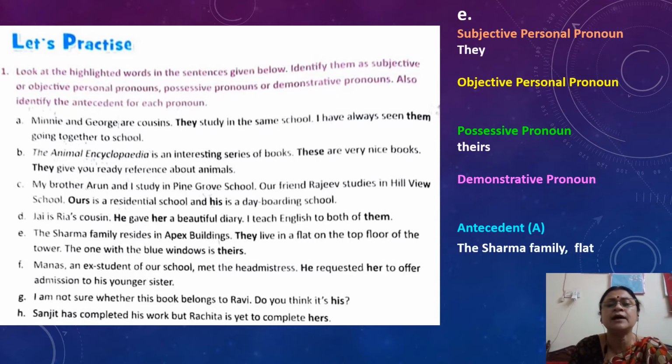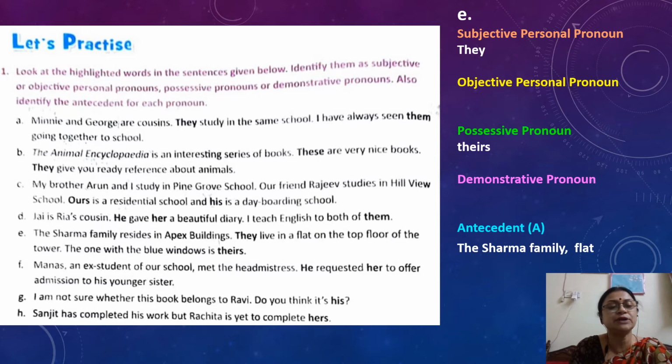Now see here, they is once again the subject in the sentence as well as the pronoun, so they will be a subjective personal pronoun, and theirs here gives indication of possession, and theirs is also a pronoun. So theirs will be a possessive pronoun. The antecedent for they is the Sharma family, and for theirs, the flat.